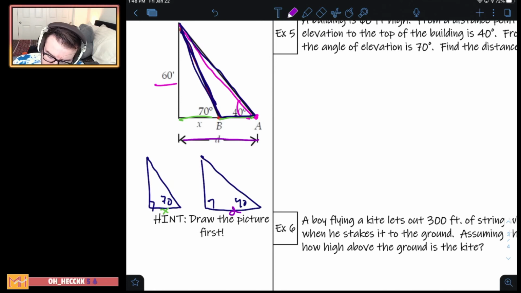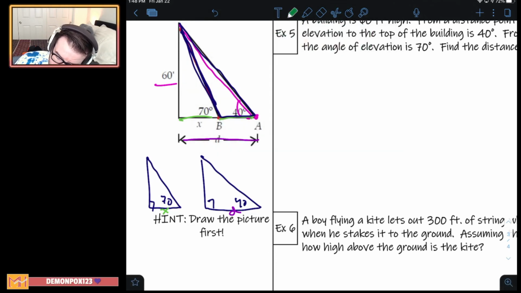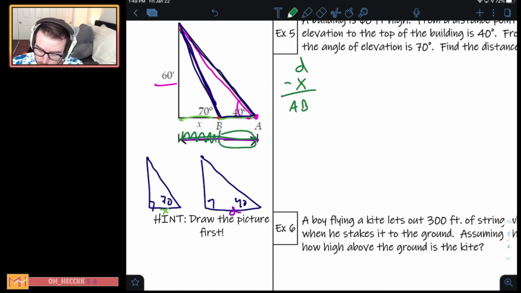So if we're trying to figure out the distance from A to B, well, if we can find D and we subtract X, we'll be left with A to B, right? Take this whole distance, subtract away X, we're going to be left with A to B. So basically, we want to solve these two triangles for X and for D. It's basically the same problem two times over, one with a 40-degree angle and one with a 70-degree angle. 60 is opposite of 70 and X is adjacent. 60 is opposite of 40 and D is adjacent.